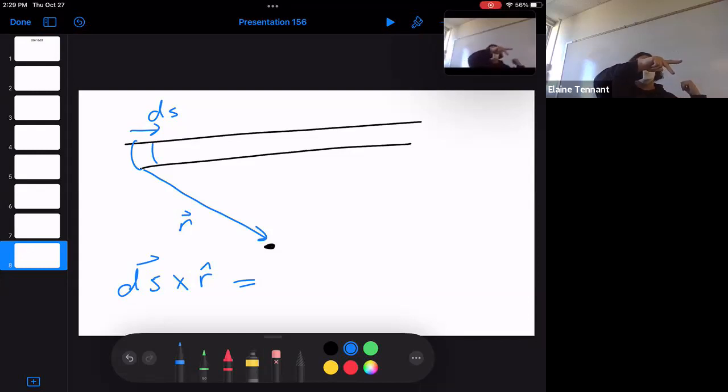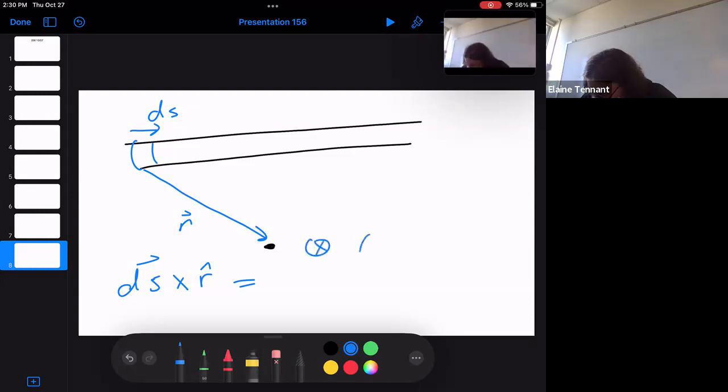My thumb should be pointing into the board. Use your right hand. Don't mirror. There we go. We're into the board, right?